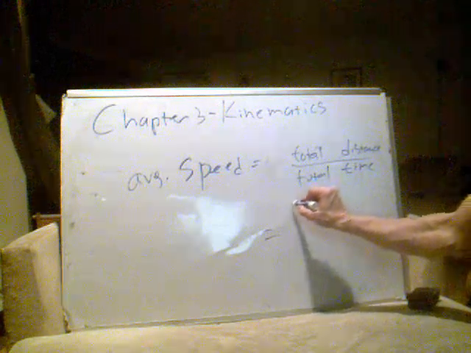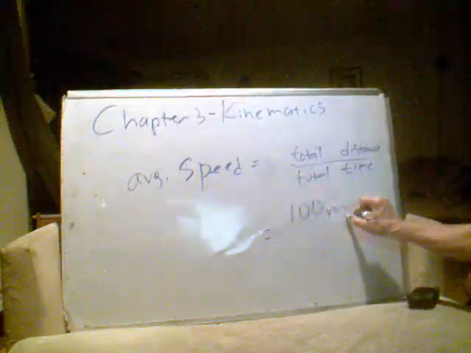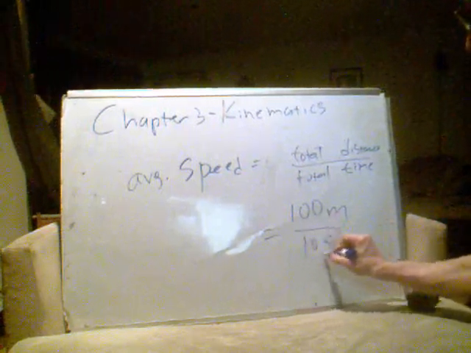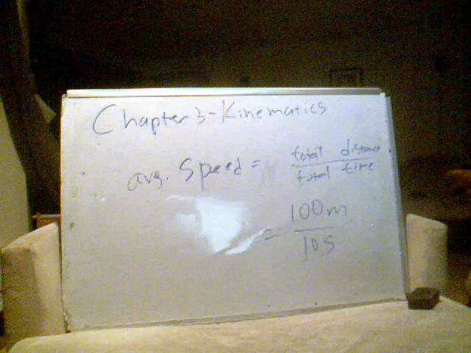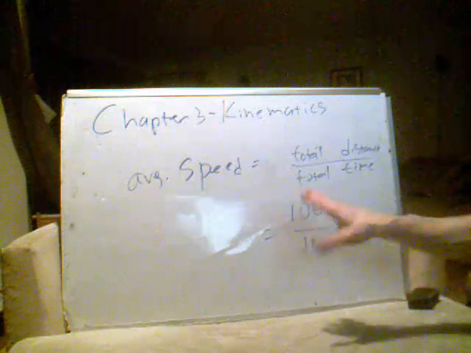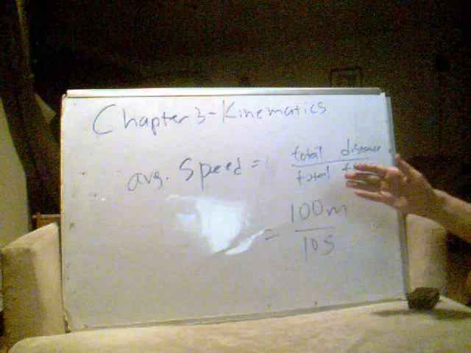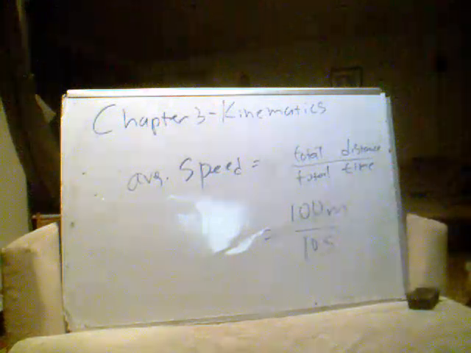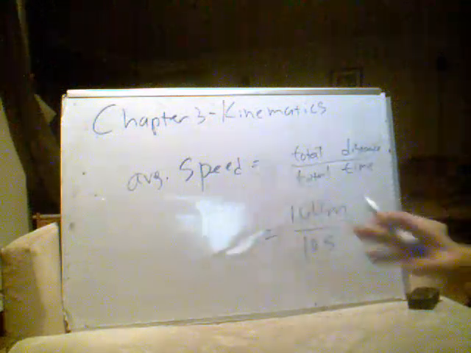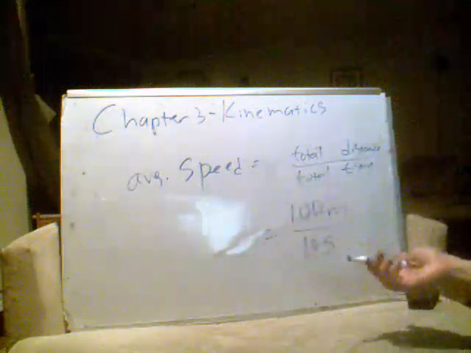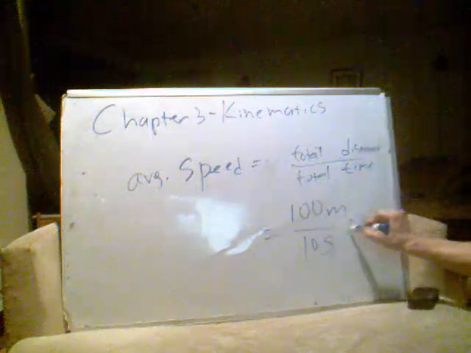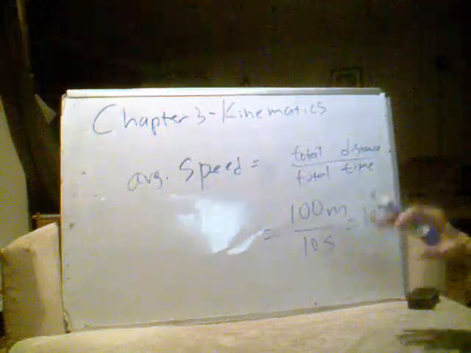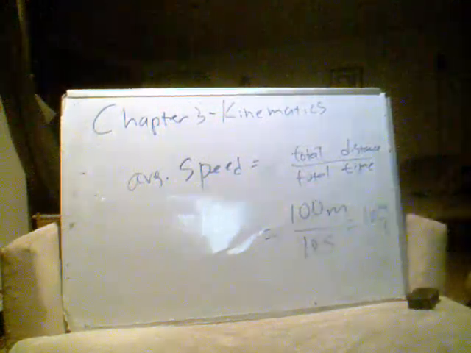The total distance that you travel is going to be 100 meters. Let's say you run the 100-meter dash in 10 seconds. Along the way, you were probably going really fast right out of the blocks, and then over the course of time, you probably slowed down a little bit, and then maybe sped up again, who knows? But your speed was not constant throughout. And so for your average speed, you just take the total distance that you traveled divided by the total time, and you can see 100 divided by 10 is very clearly 10 meters per second. That's your average speed.